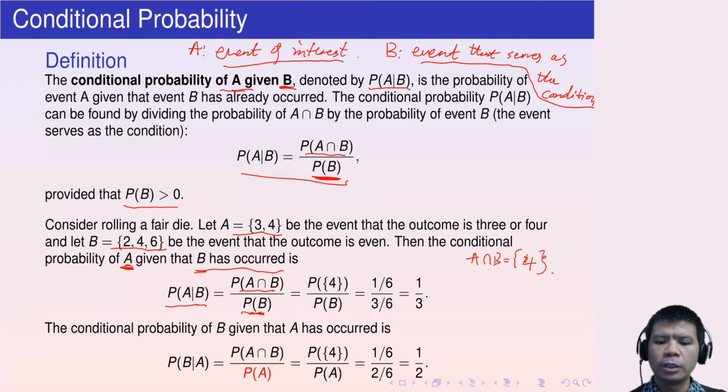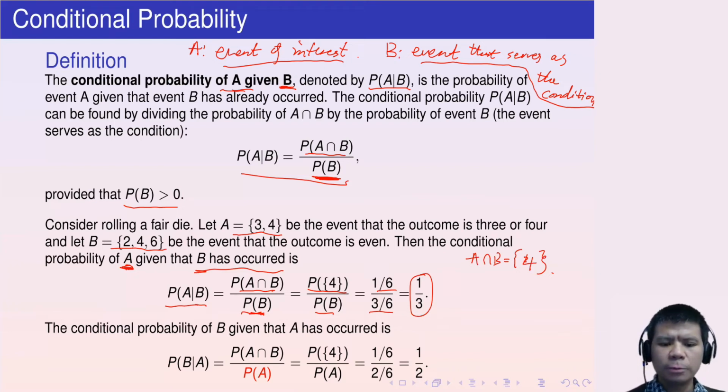So the probability of the singleton {4} is 1/6, and the probability of B is 3/6. So that's 1/3.